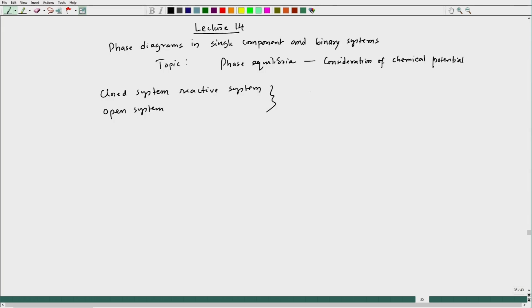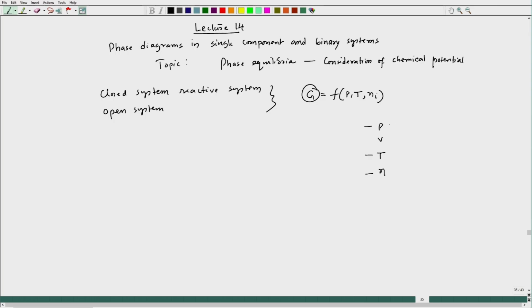In those two cases G would be a function of P, T as well as N. Let us say there are components 1, 2, 3, 4 till the ith component, with those numbers of moles. Now, what are the variables? T, P, V, N. In all those cases we will consider only T, P and N, because these three will be related to G.